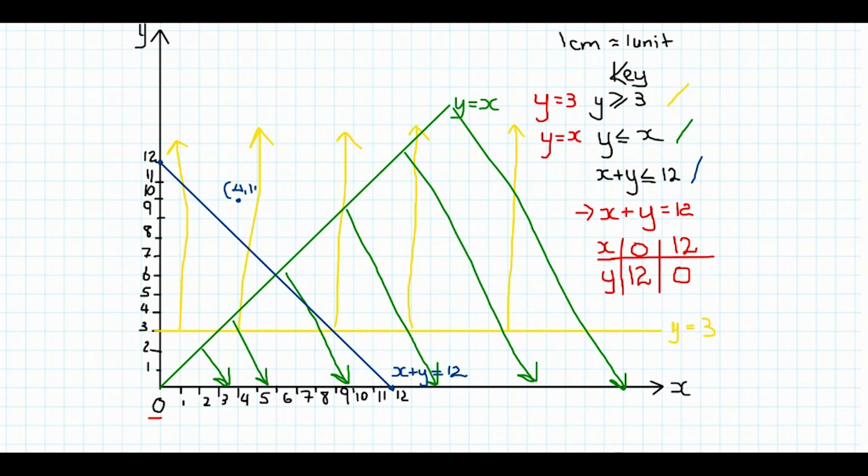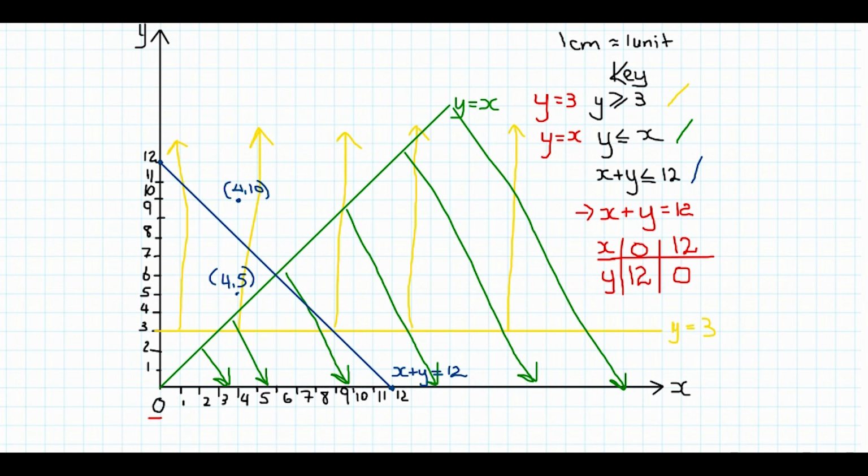And then we'll go below the line and choose a point. So let's say a point like this one. This one is 4, 5. To figure out which region we need to shade, I want you to add the x and y coordinate values.